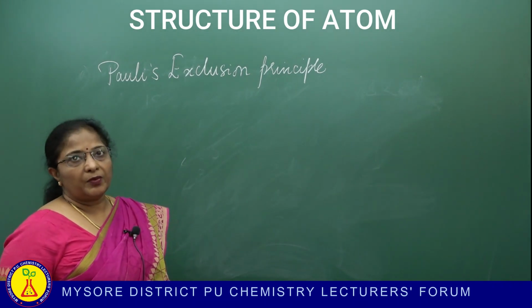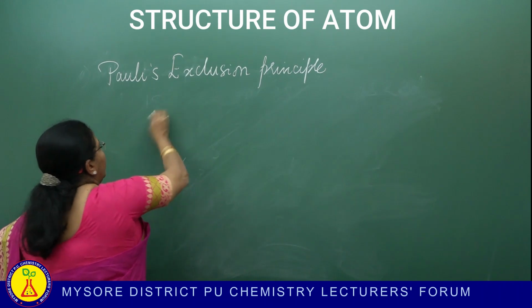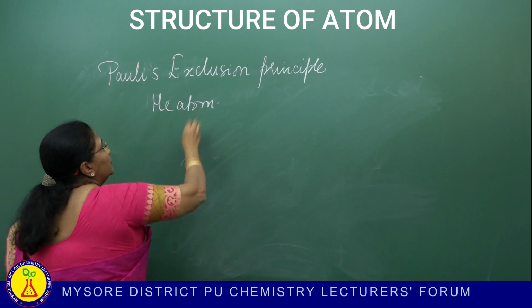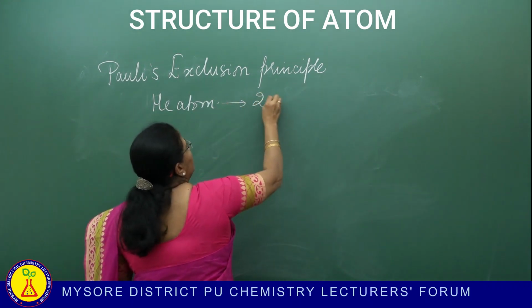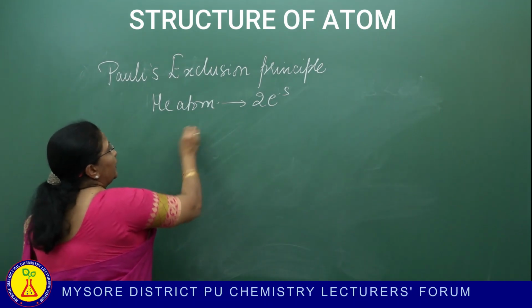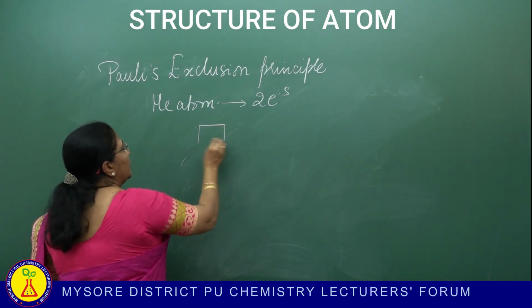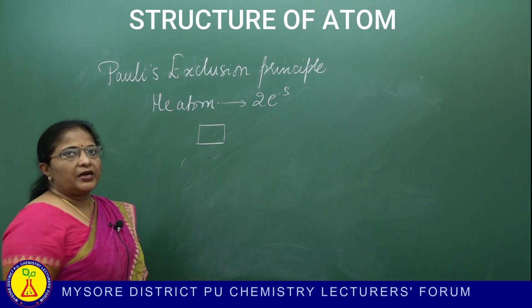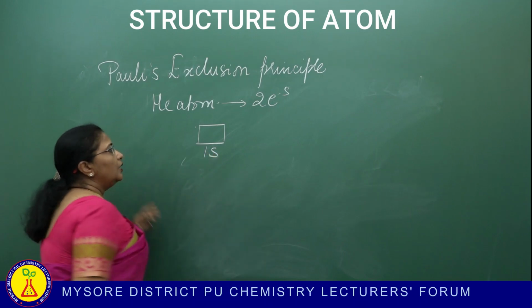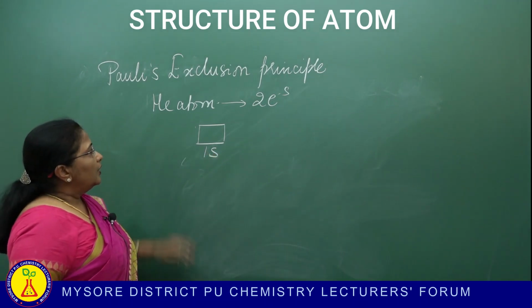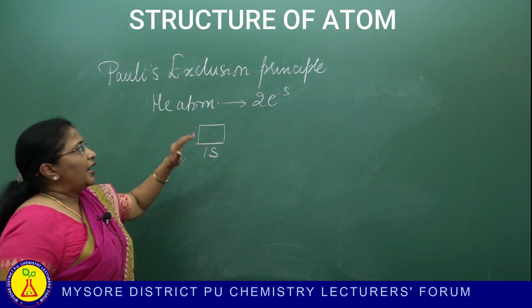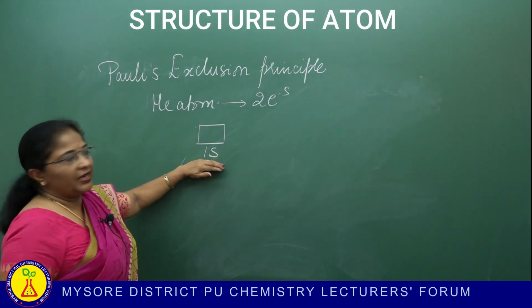According to this principle, as I told you, no two electrons can have the same set of quantum numbers. For example, if I take the helium atom, it has two electrons. Therefore, if I want to put the electrons in that orbital, the orbitals are represented by a square and you write the orbital below it. So this is the 1s orbital and I need to fill up the two electrons here.